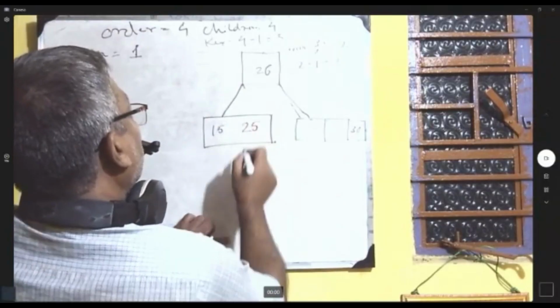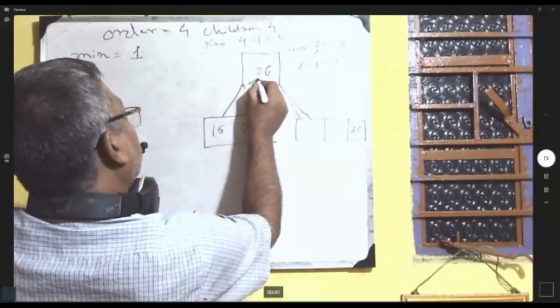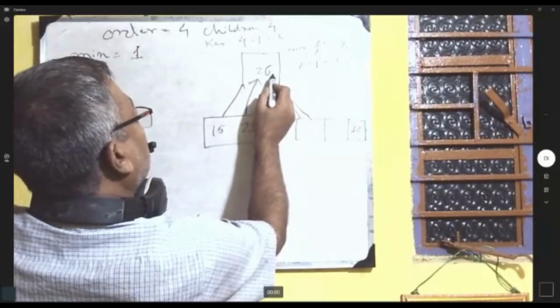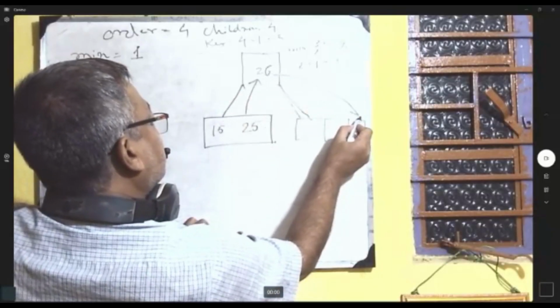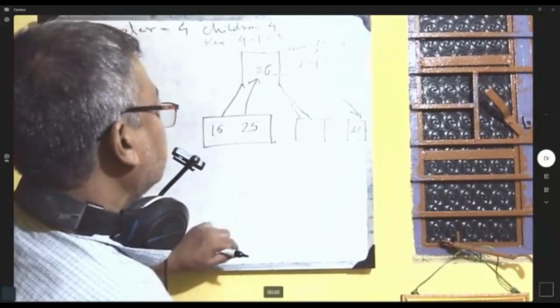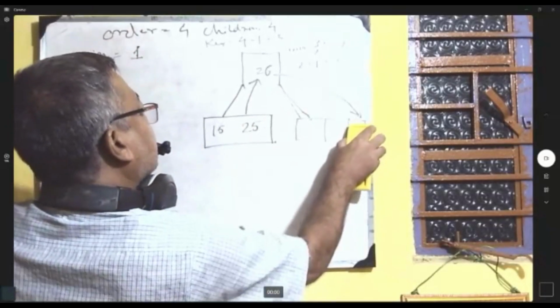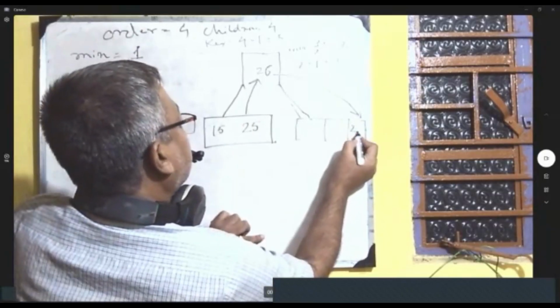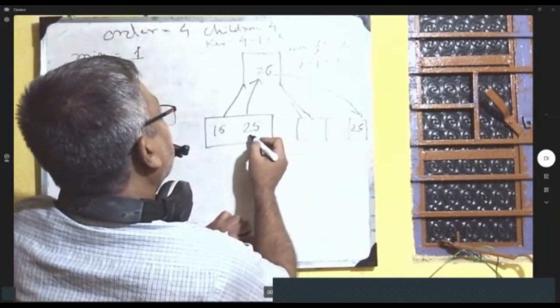So 25 will take the place of 26, and 26 will go there in place of 30. Then 30 will be deleted. 26 will take place here, and 25 will go there.